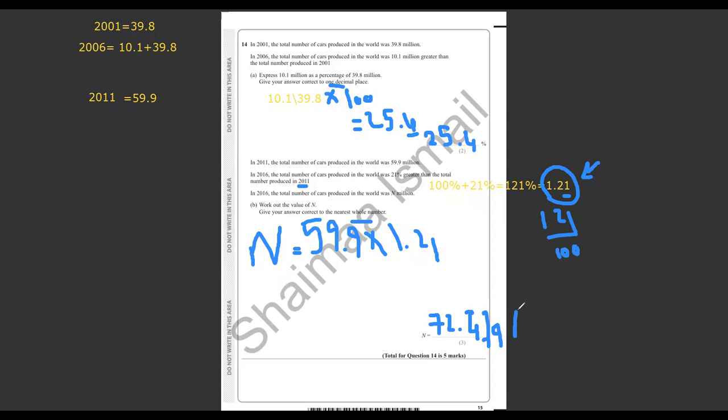All this we have to write in million, approximated to the nearest whole number, which is equal to 72 million. Make sure that you solve all the questions on the page. Okay, then let's see the next.